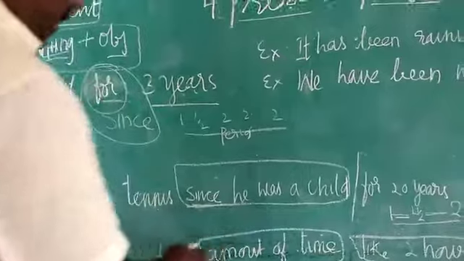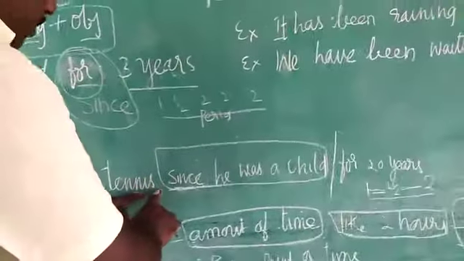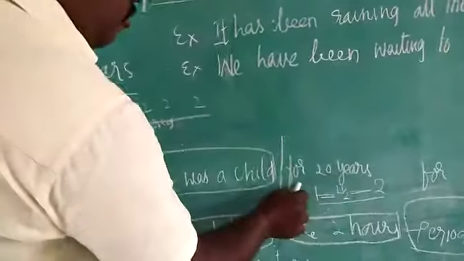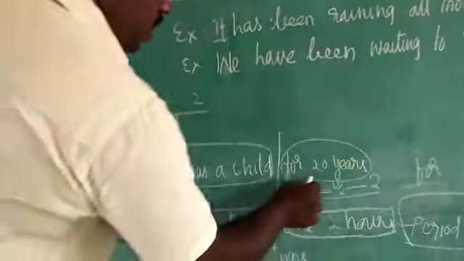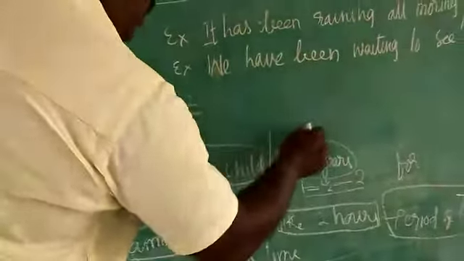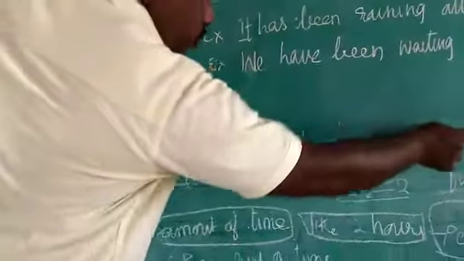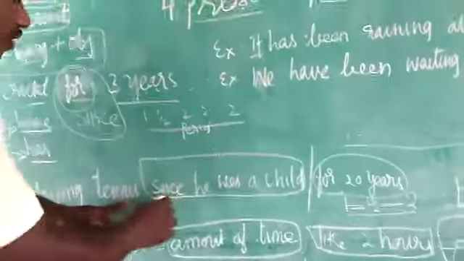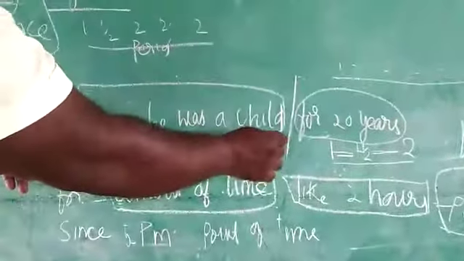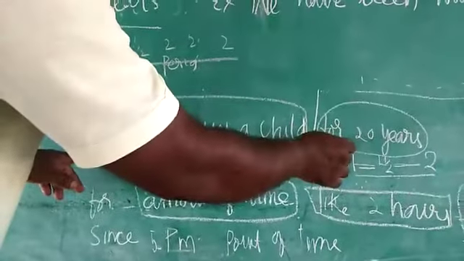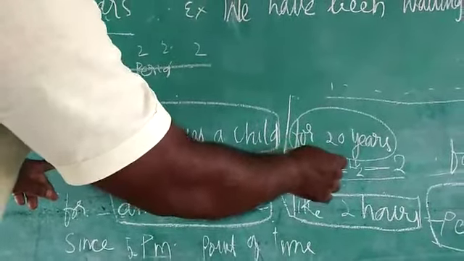If you don't want to take since, he has been playing tennis for 20 years. When you take for, it is called a period of time: 1 year, 2 years, 3 years, 4 years, 5 years. So if you want to take since, you have to point to the time. If you want to take for, you have to point to the period of time.